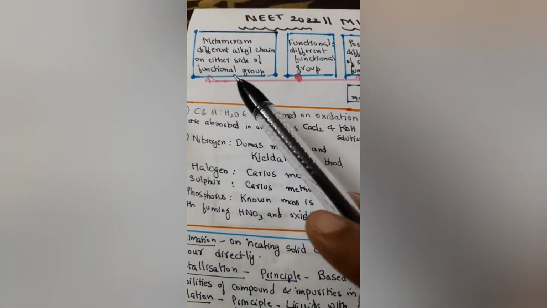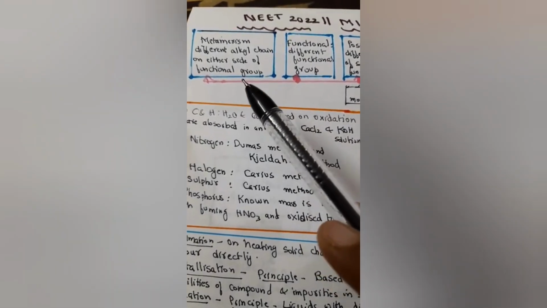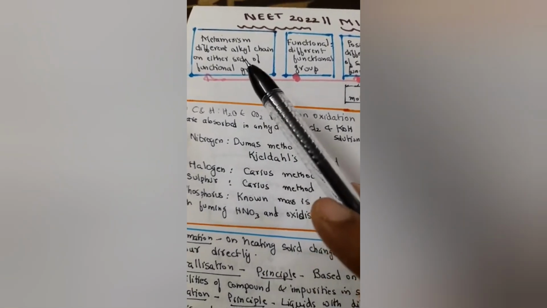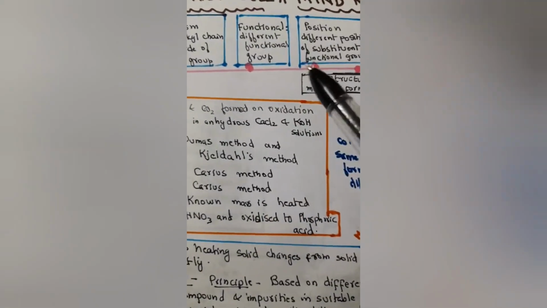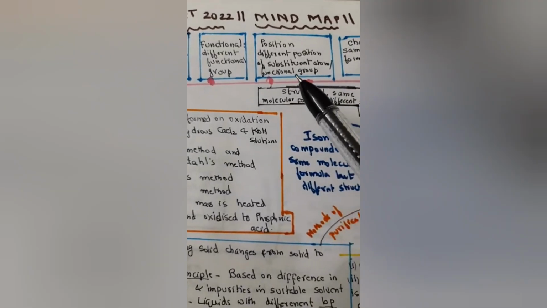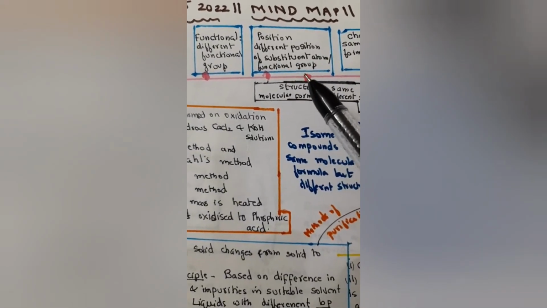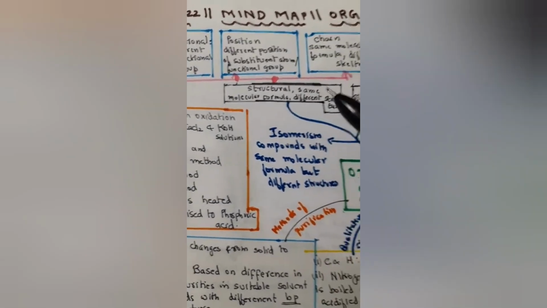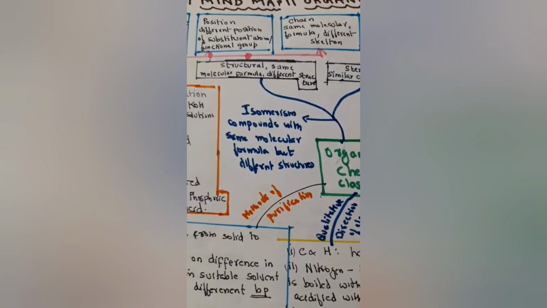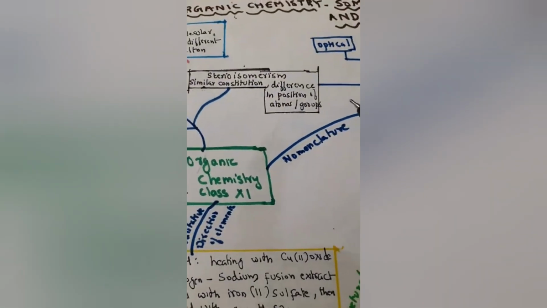Different alkyl chain on either side of the functional group. On both sides of the functional group there will be different alkyl chain. Then functional group isomerism, where the functional group will be different. Then position isomerism, different position of substituent atoms or functional group, and chain isomerism, same molecular formula but the skeleton will be different.